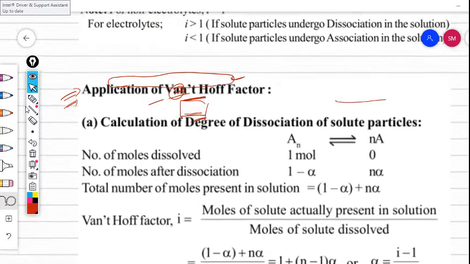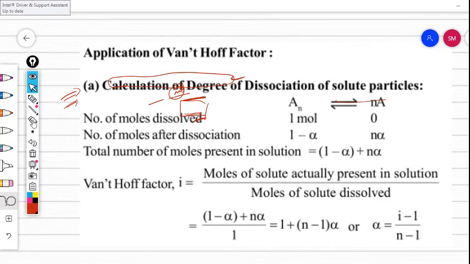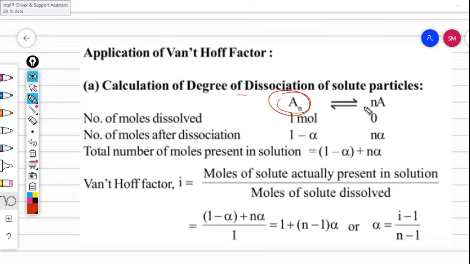If an electrolyte is going to dissociate, how are we going to calculate it? We will see. During the dissociation, one particle is going to dissociate into n number of particles. For example, sodium chloride, one particle is going to dissociate into two particles.